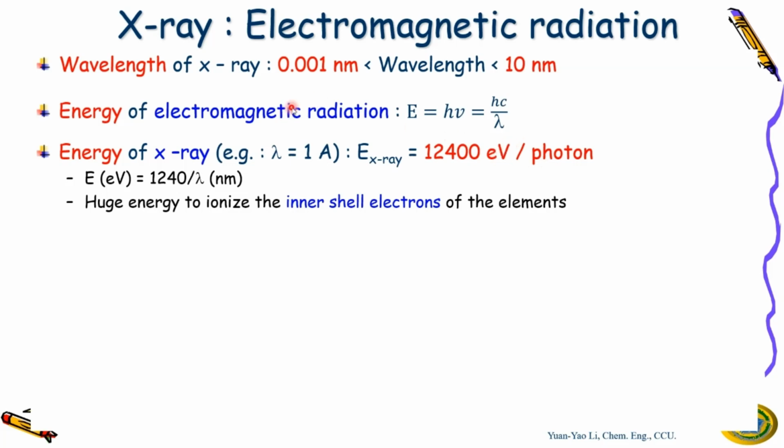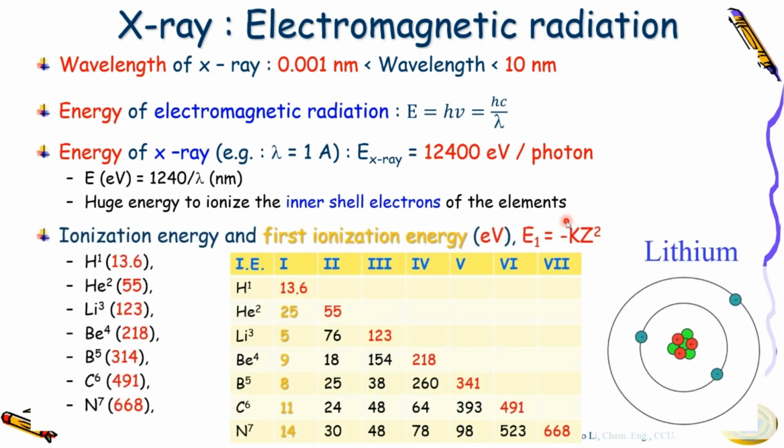Huge compared to the energy of the inner shell electrons of the elements, right? For example, if you have lithium and you want to take electrons away from this atom, what's the energy required?